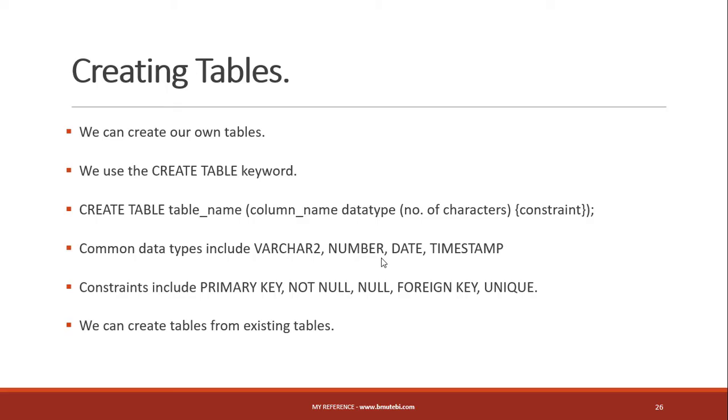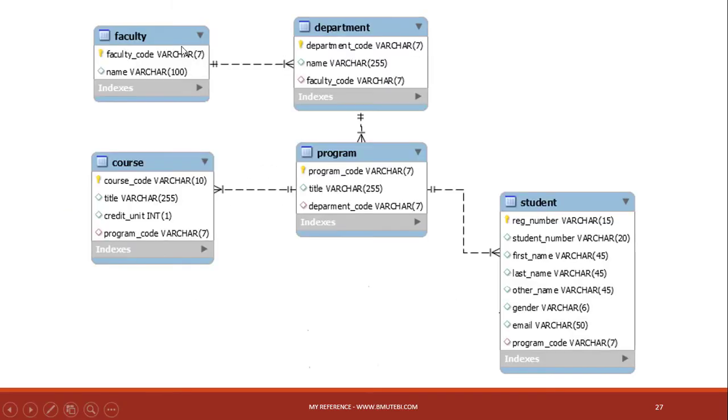Then we have the foreign key. A foreign key is used when we are bringing a relationship between two or more tables. We have this ERD, or entity relationship diagram. We are going to use this diagram in a few minutes, but I want us to see something. This is a table, this is a table, and these are just columns for each table. We have this table called the faculty table.